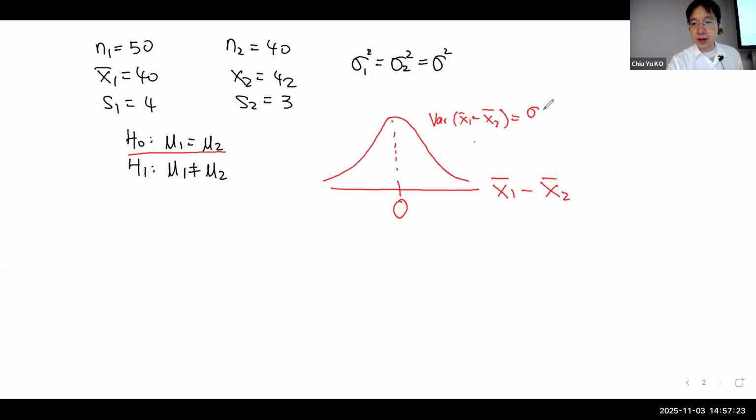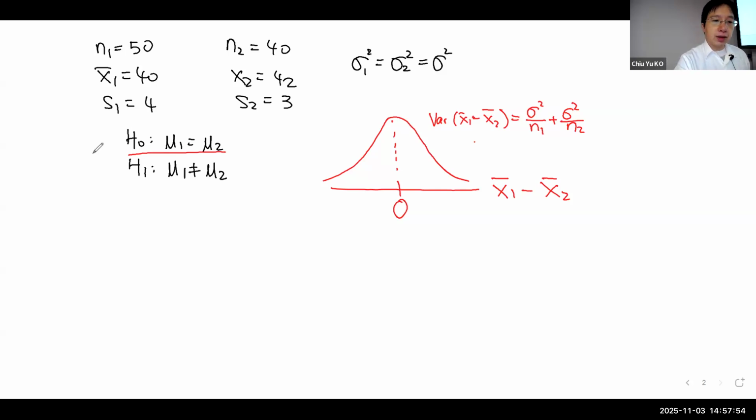This will be sigma square over n1 plus sigma square over n2, because the first item is the variance of the first bell, x1 bar, and the second one is the variance of x2 bar. So the variance of the difference will be the sum of the variances, because they are independent.